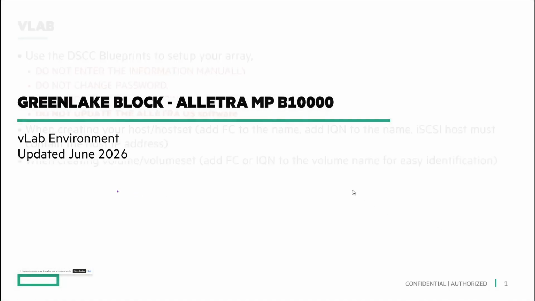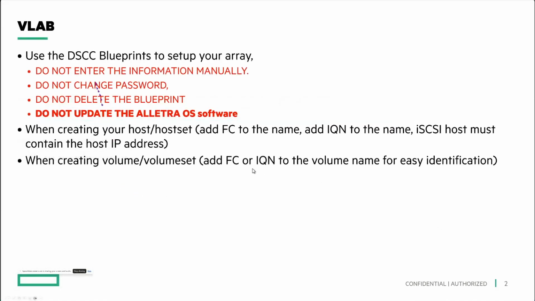I showed you the blueprint just now, okay? The blueprint will help you to put in all the information without having to type manually. Typing manually sometimes causes human error, and that becomes a problem.